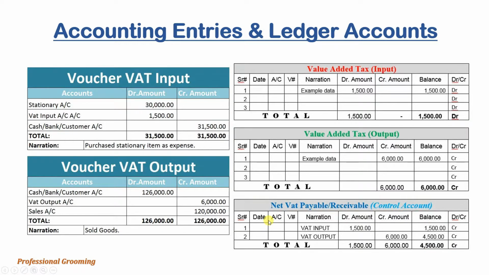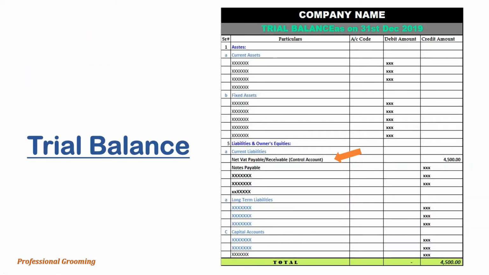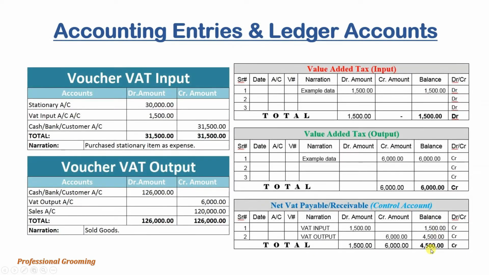Let's see now how our trial balance looks. As you can see here, under the current liabilities, we have the Net VAT Payable Receivable control account, which is credited by 4,500. Our balance in the ledger is 4,500.